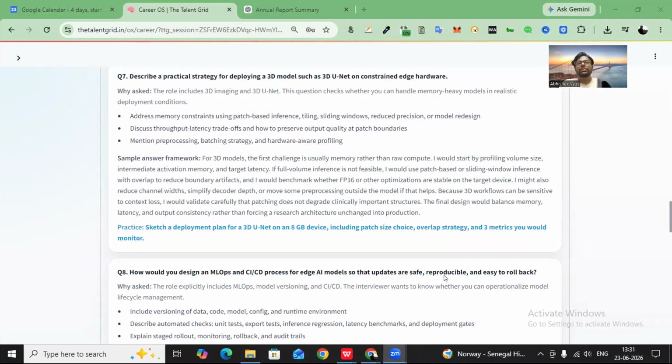So while deploying a 3D U-Net on constrained edge hardware, I think the primary challenge is memory consumption. Memory consumption is the primary challenge because sometimes we have large medical volumes and they are significantly larger than the standard 2D images.